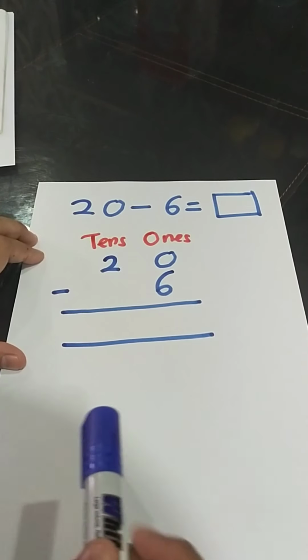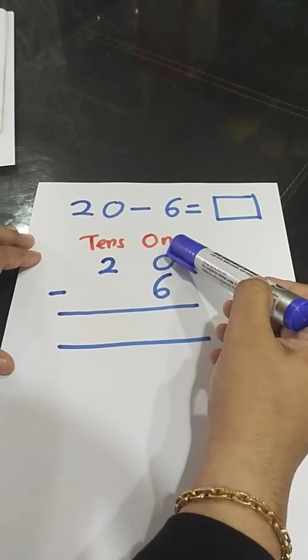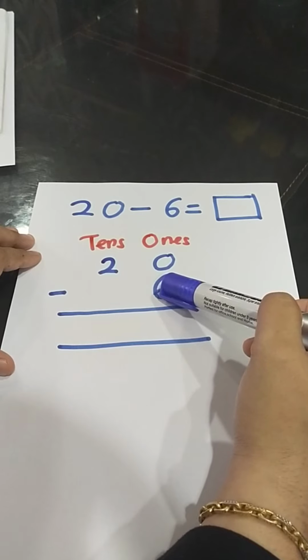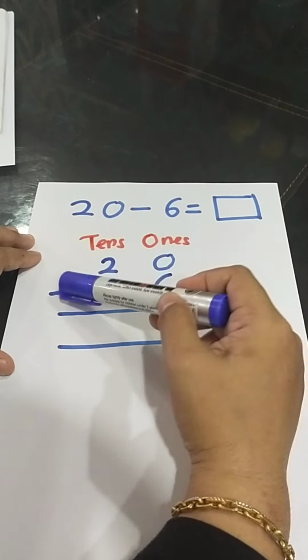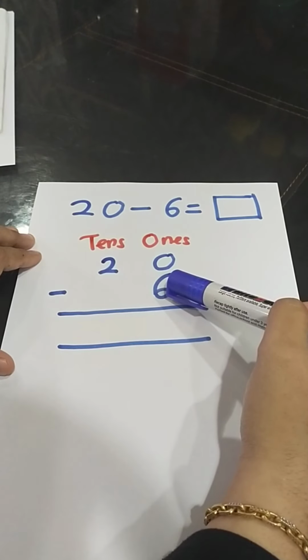First, we calculate ones first, right? Okay, ones we have 0 minus 6. Can we minus 0 minus 6? 0 is a small number. Can small number minus 6? No, cannot.